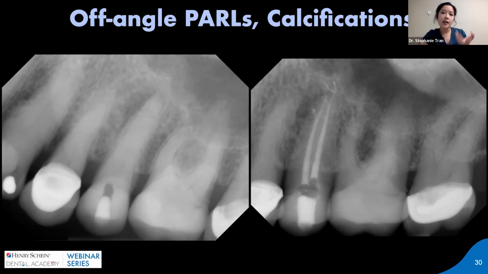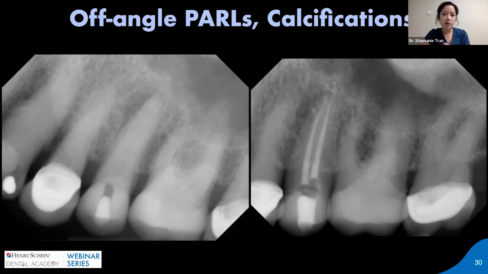How does it get out of that area? It gets out through the lateral canal. So that's why it will be localized on a lateral canal and look off angle compared to the apex of the tooth, because the lesion is coming from the lateral canal and not from the apex instead.